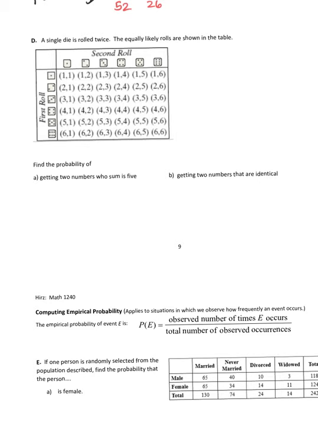Okay, this chart is set up nicely for you. They've given you all the possibilities, and the way this is read is like this. We're looking at a single die, and it's 6-sided, and it's rolled twice. So here's the first roll. The first roll might be a 1. Well, what about the second roll? The second roll may be a 1.